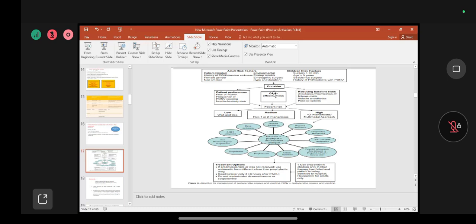So basically we consider the patient's preference, cost effectiveness, and reducing baseline risks. On this basis it can be divided into low risk group, medium risk group, and high risk group. In low risk group, only wait and watch. In medium risk group, we can use 1 to 2 interventions, and in high risk group more than 2 interventions.